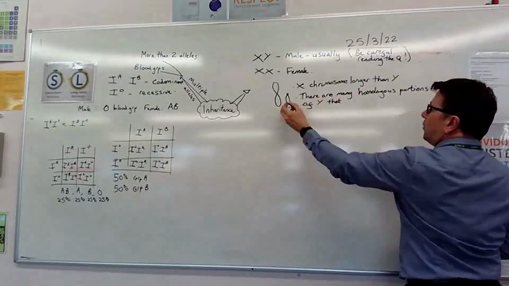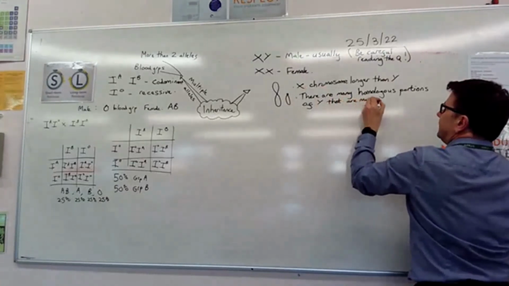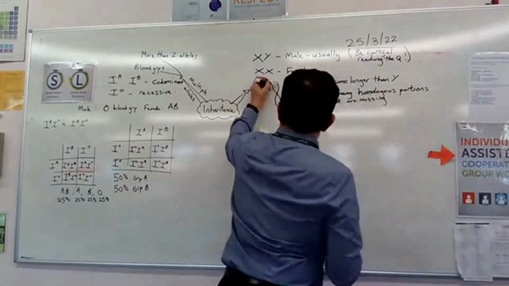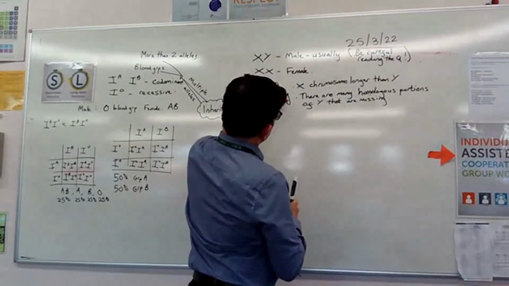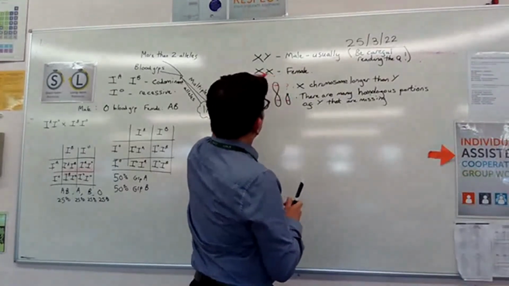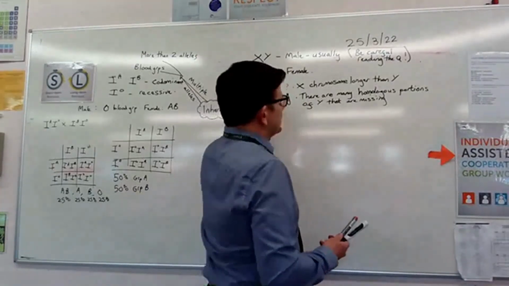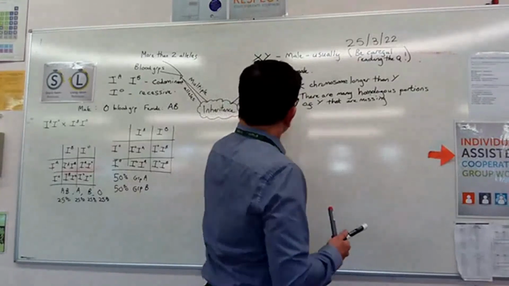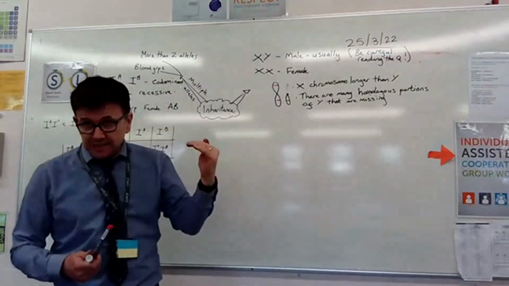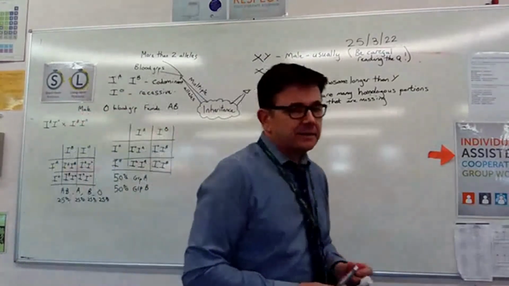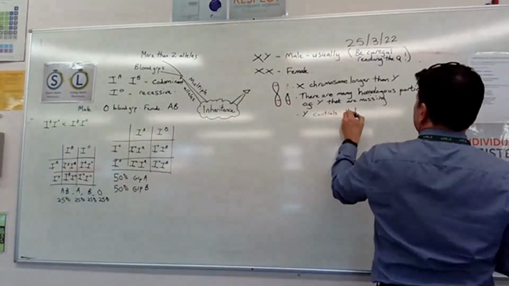They're not found on the Y, but they're found on the X. Because you've only got half the chromosome, if there's a gene there, there's a gene there, there's a gene there, it's not there. It's missing. That's how we get changes in terms of sex inheritance, because the homologous portions are missing. That's why you have fewer genes and therefore it affects the outcome. So Y controls very little.